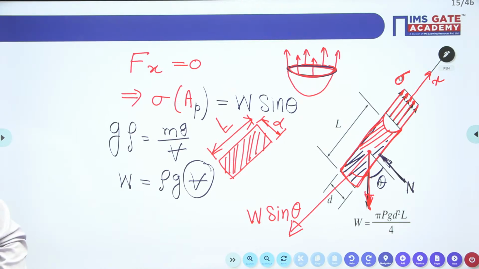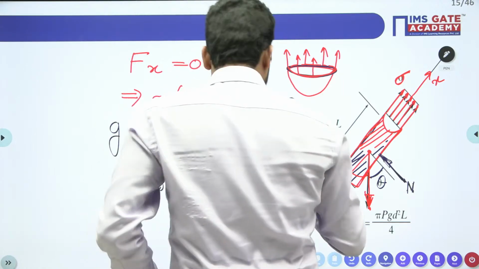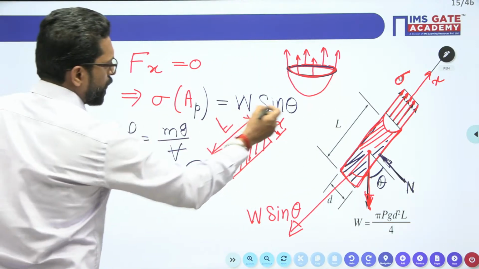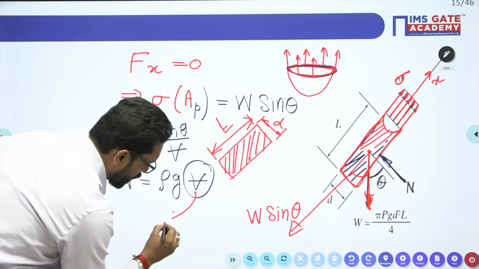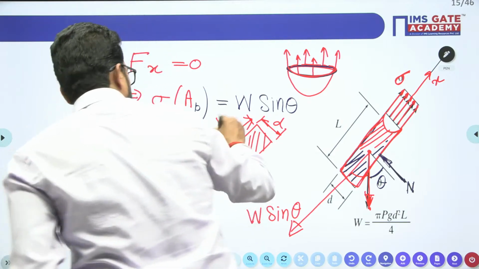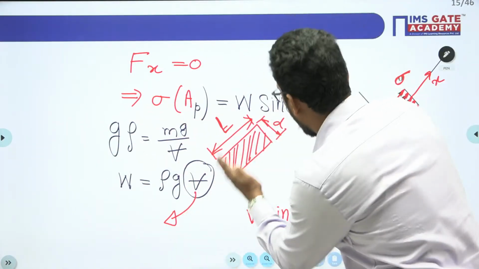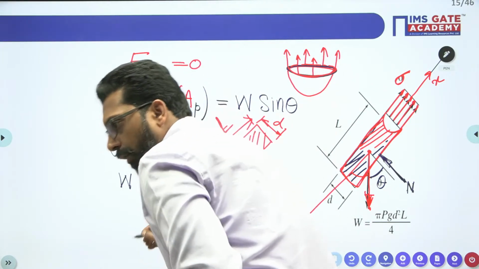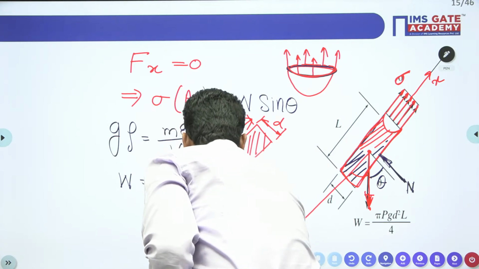So what is the final expression? What is the volume? We need to balance the net force in the x direction, so what is the weight and what is the volume? The fluid is held up to length L, with diameter D, so the volume is pi r square into L, where r is D by 2.